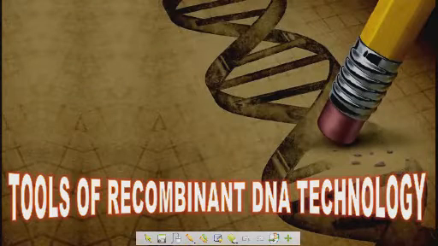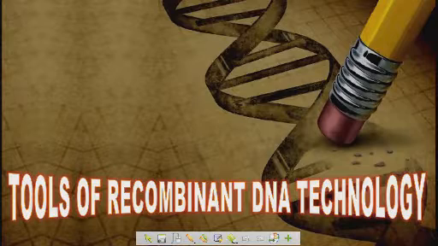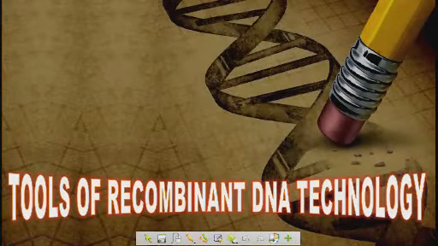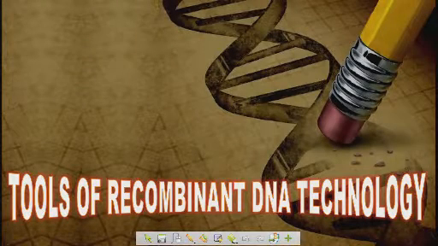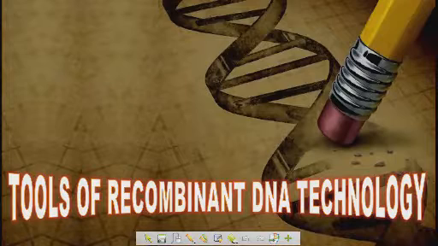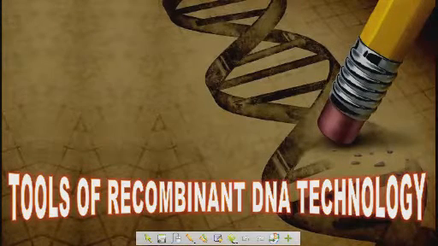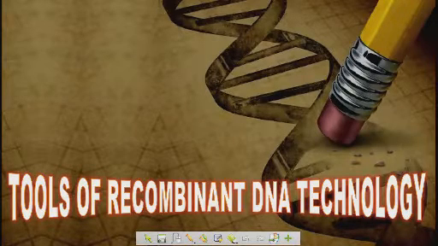Now, the next topic in this chapter is the tools of recombinant DNA technology. We know that DNA is very small in size. It is very difficult to see the DNA.